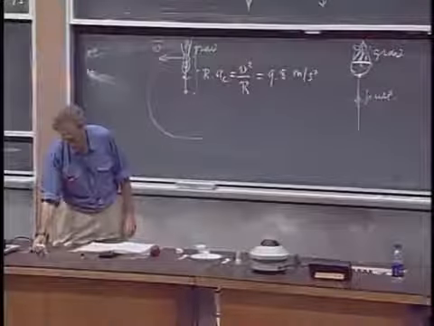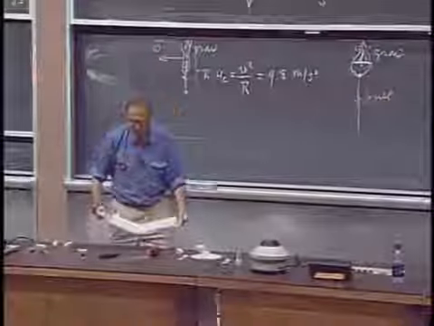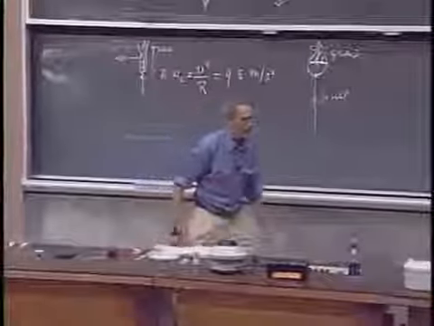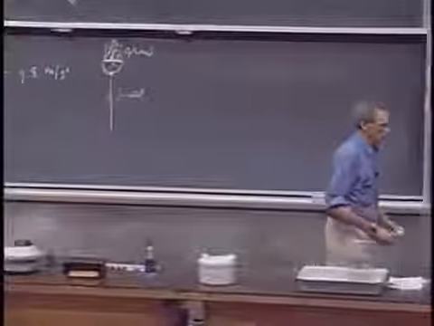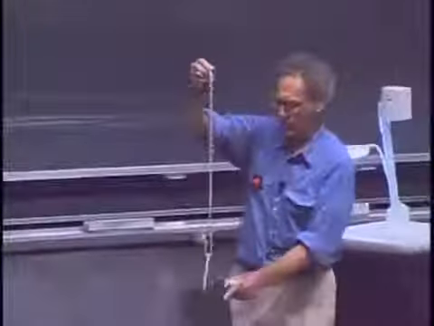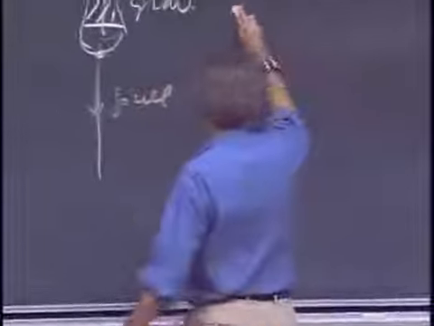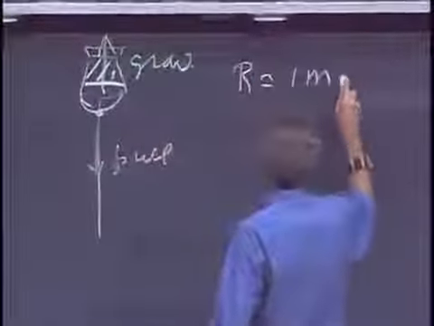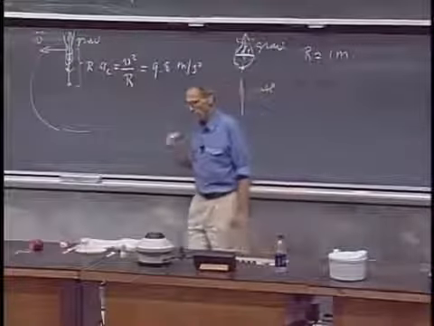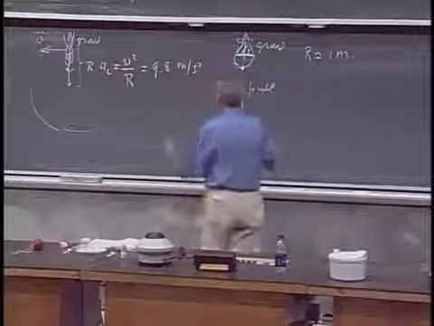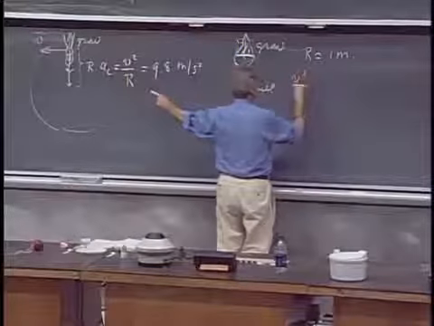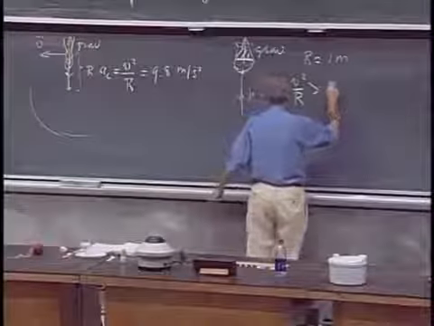How fast should I rotate it? Well, let's put in some simple numbers. I have here this bucket, and let's say that this is about 1 meter. I'll just round some numbers off. So R is about 1 meter. And I want V squared over R, I want that to be larger than 9.8.